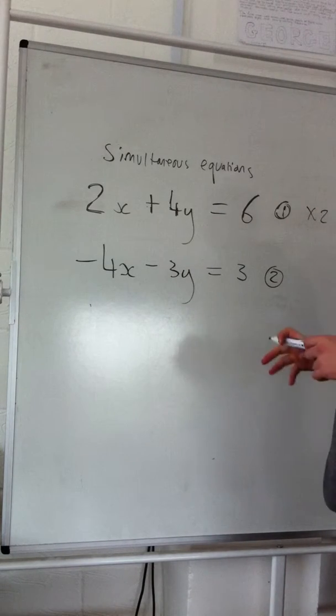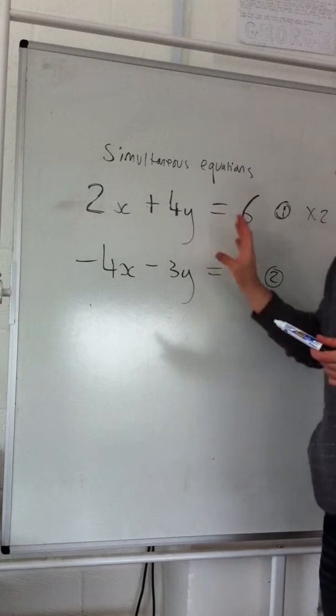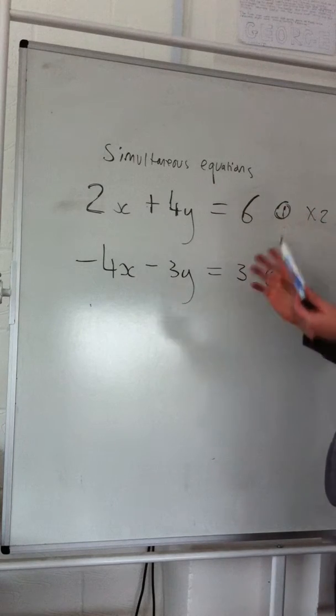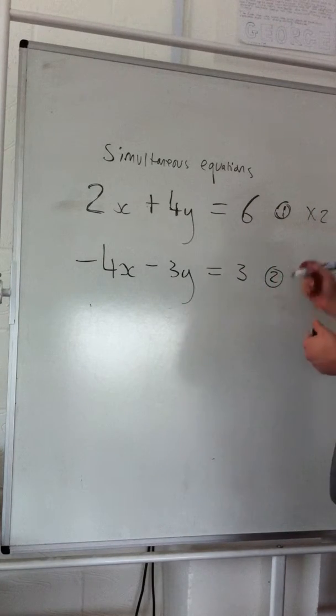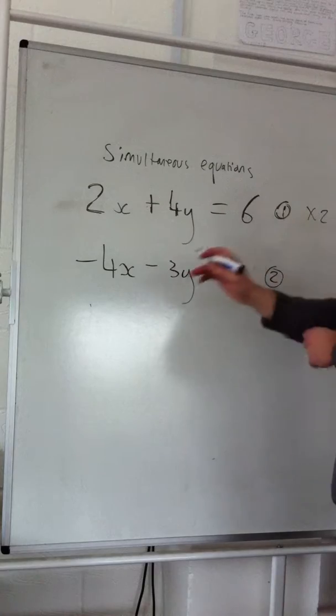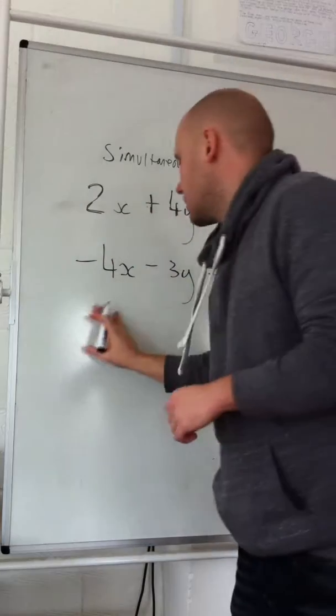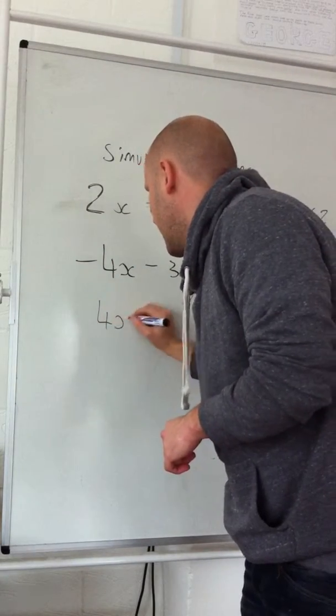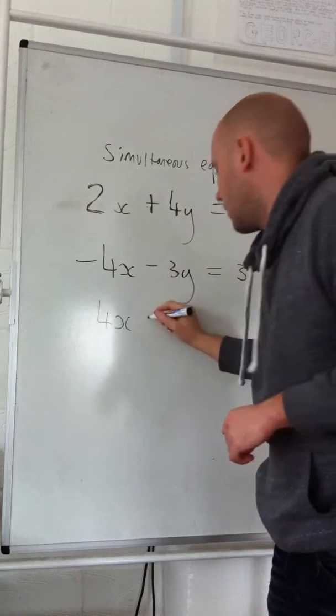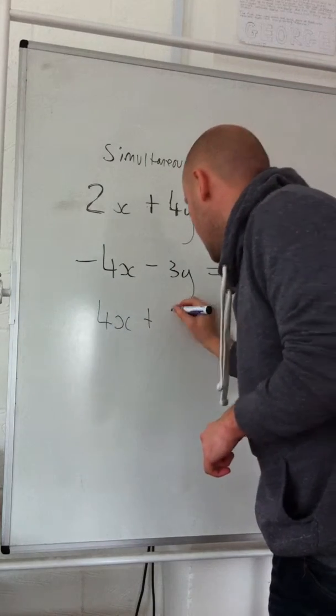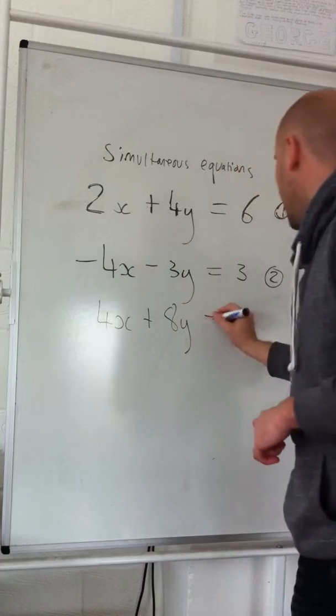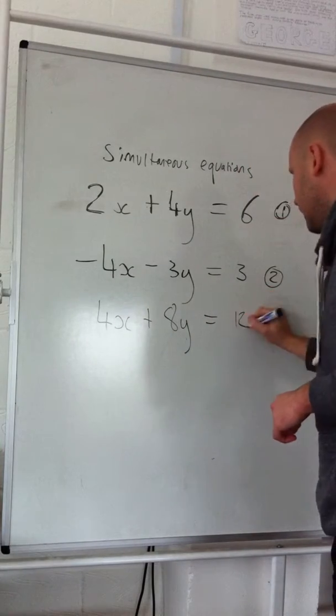Sometimes, with more tricky simultaneous equations, you might have to multiply both by different numbers, but in this case it's quite simple. So we multiply equation 1 by 2, so 2 times 2x is 4x, 2 times 4y is 8y, and 2 times 6 is 12.